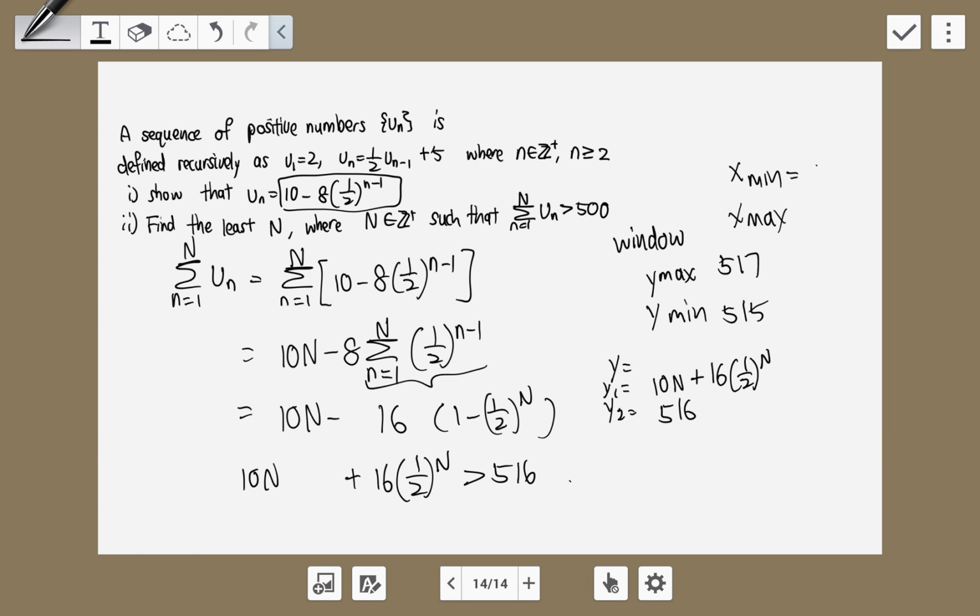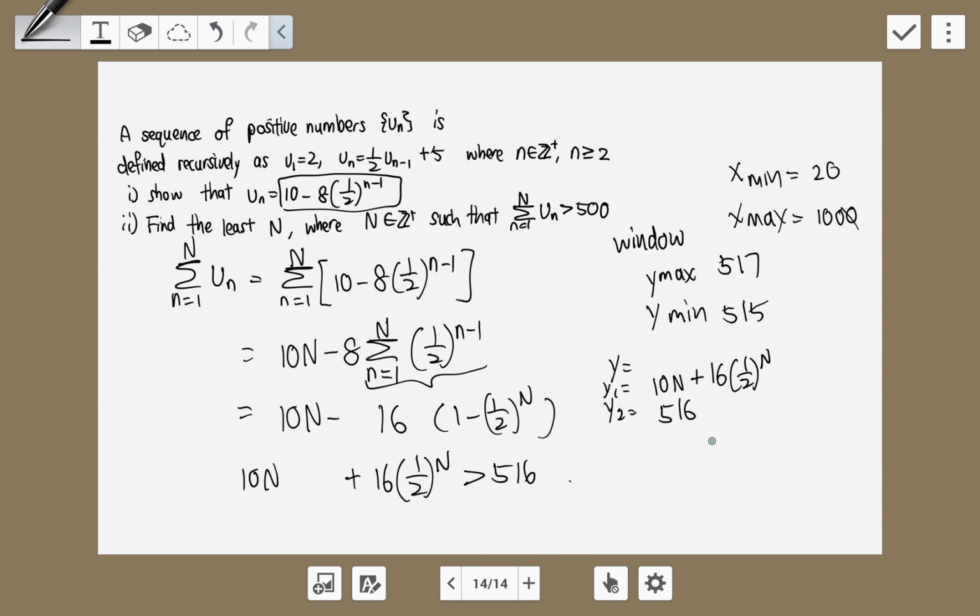Since n must be a positive number and n must be greater than or equal to 1, and you know that started from 2, u2 is not a very big number, so you change something for the x max. If you want a broad range, you could change 20 to maybe 1000, for example. I don't think it will be such a large number. Or if you can't, you do 100, things like that, and you adjust. If you don't get an answer, you adjust again.